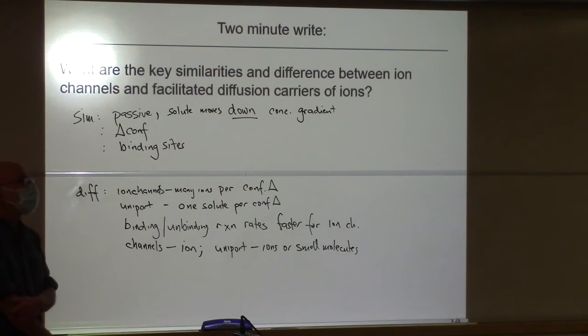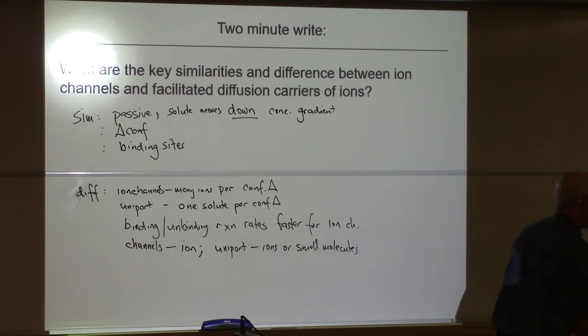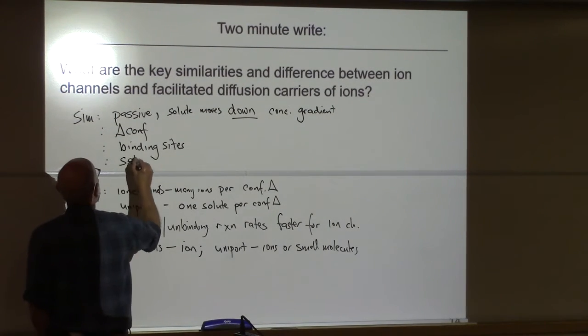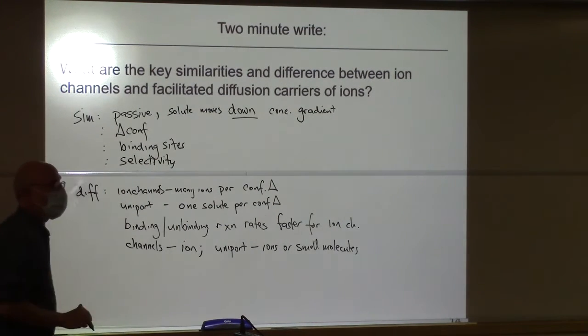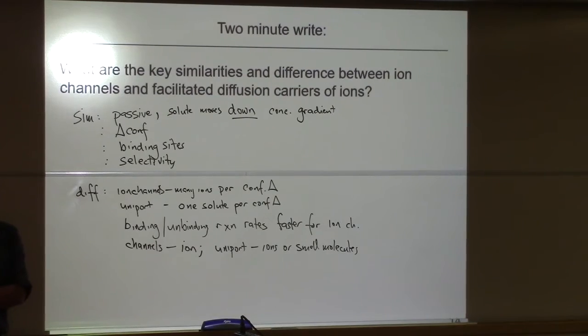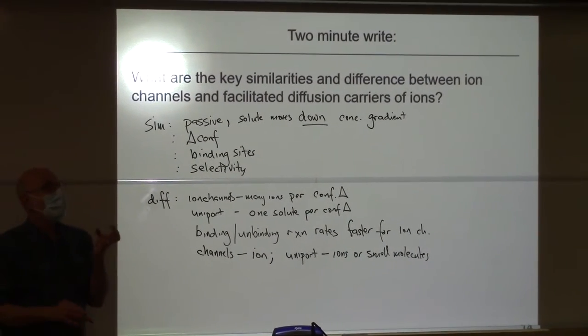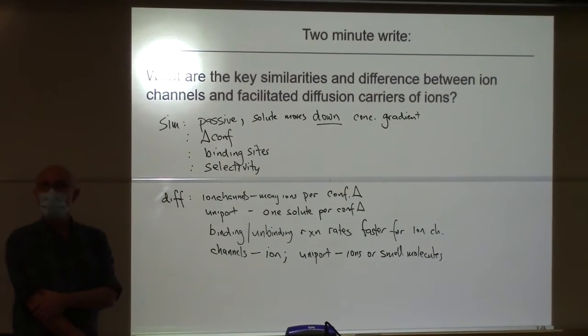Robbie: They're both selected for a single molecule. Very good. So they both have selectivity for their preferred transported ion or small molecule. The binding sites are selective for the selected molecule.